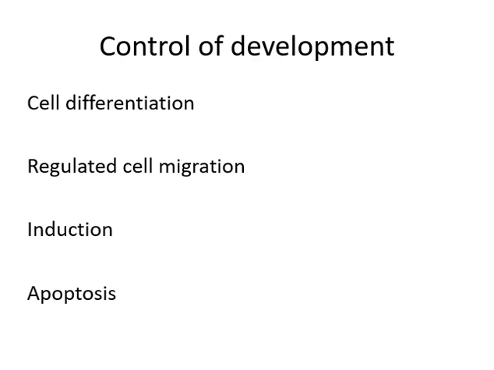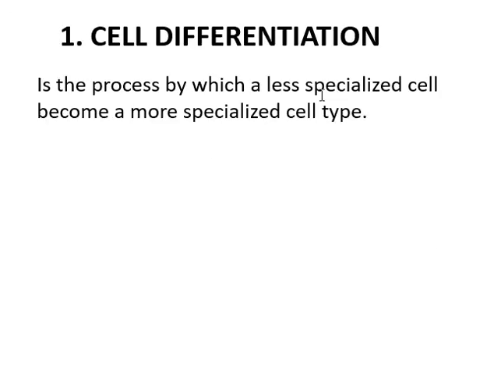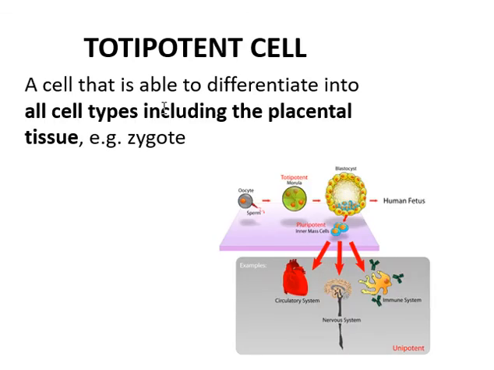Cell differentiation. Cell differentiation is the process by which a less specialized cell becomes a more specialized cell type. Here, the first cell type is the totipotent cell, a cell that is able to differentiate into all cell types including the placental tissues, for example the zygote.